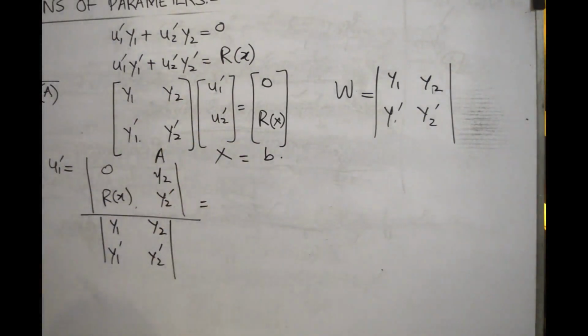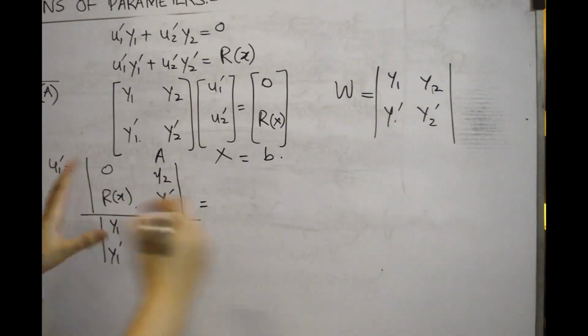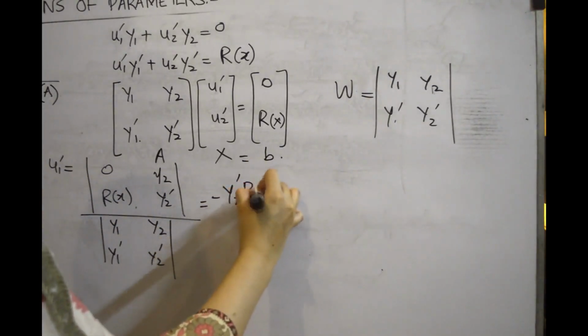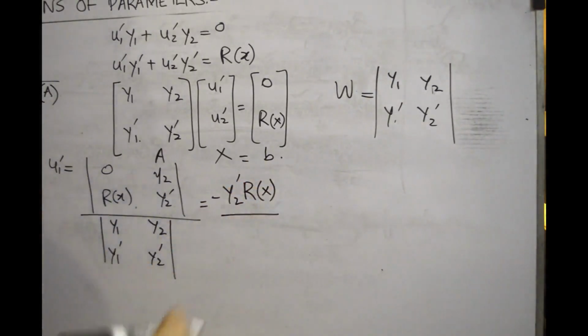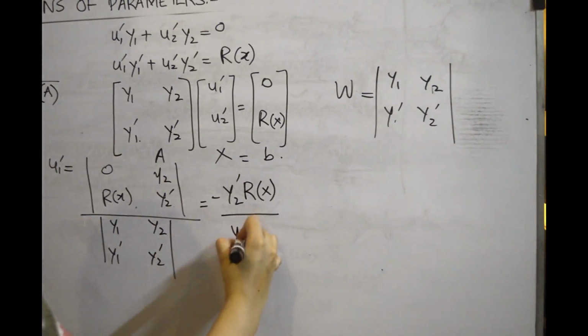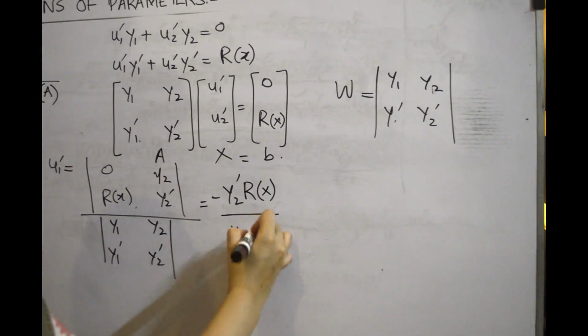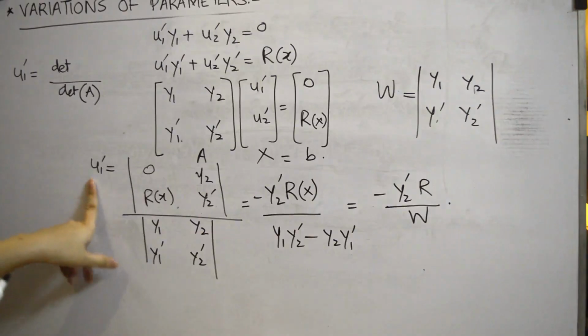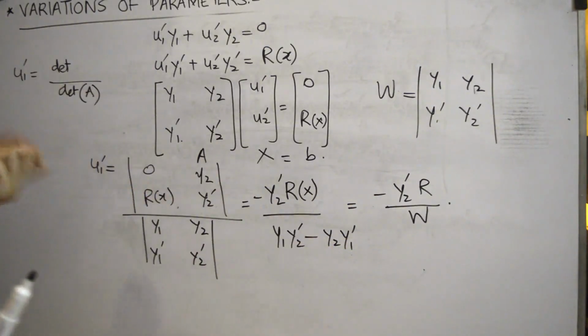So that becomes a determinant. The determinant of 2 cross 2 is a into d minus b into c. So a into d is 0, so that becomes minus y2 dash into r of x divided by the Wronskian, which you can also say is y1 into y2 dash minus y2 into y1 dash. So if you integrate it, you will get u1, simple.